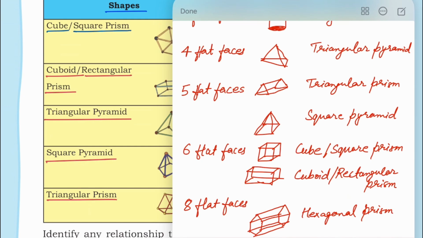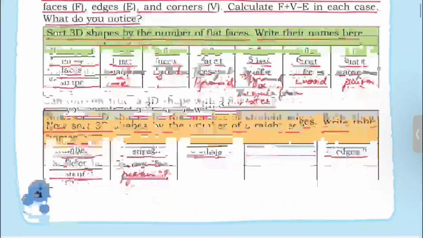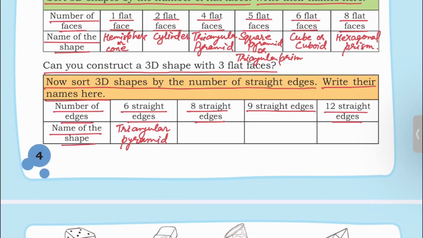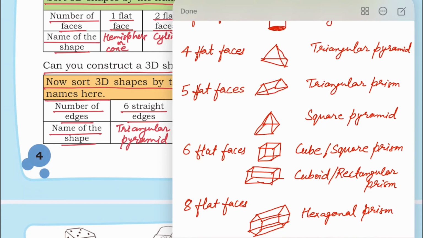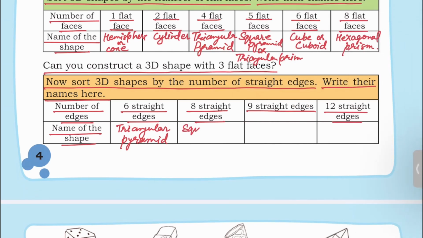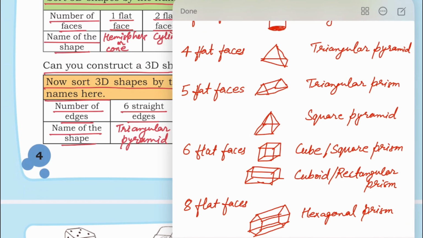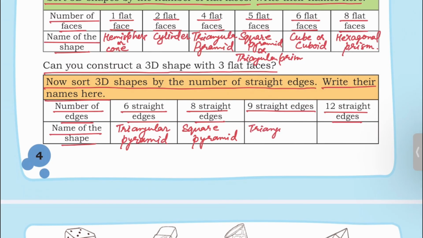You can see triangular pyramid has 6 straight edges. 8 straight edges can be seen in square pyramid. 9 straight edges can be seen in triangular prism. 12 straight edges is present in cube or cuboid.